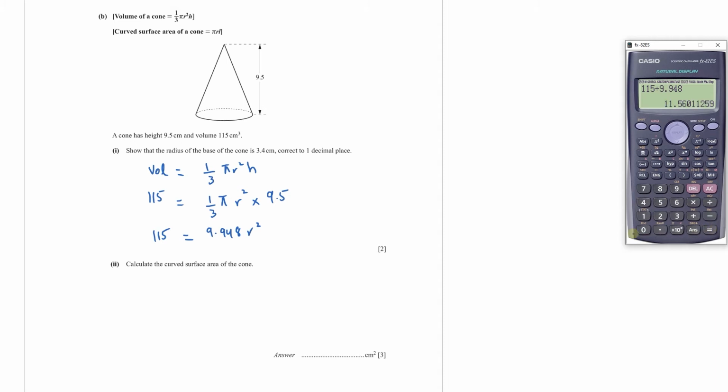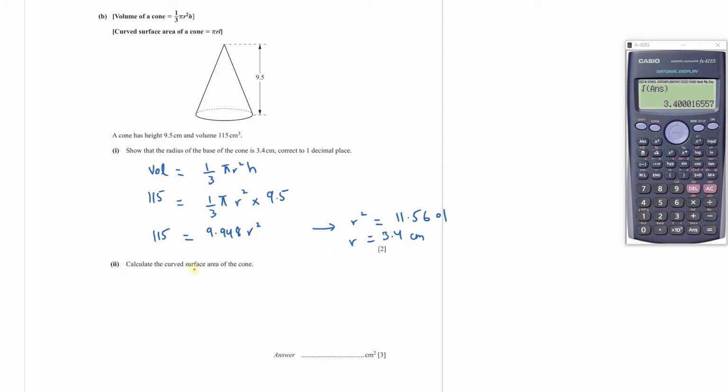So r square will equal 11.5601, and then r will be the square root of this. So square root, and this is 3.4 up till one decimal place. So you have shown that the radius is 3.4 centimeters.